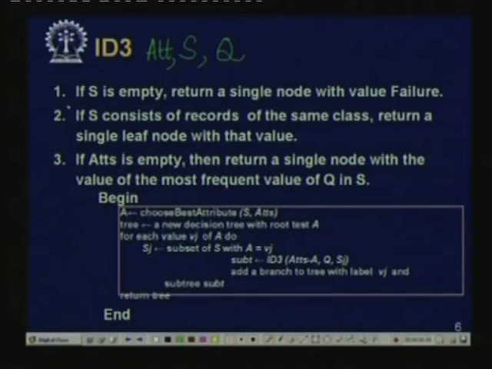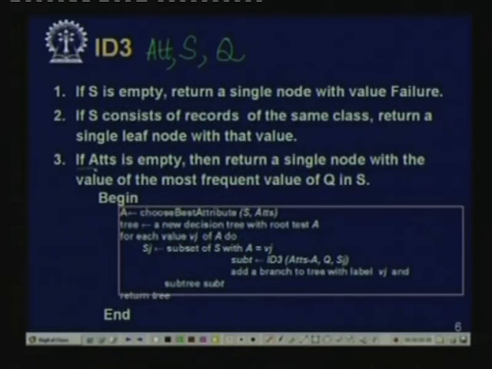Now, if the training example set is empty, ID3 does not proceed further. It just returns a single node with a default class or with the value failure. If S is not empty, but all elements of S belong to the same class, that is, if S is homogeneous, we stop growing the tree and we label that leaf node with the class to which all the examples in S belong.